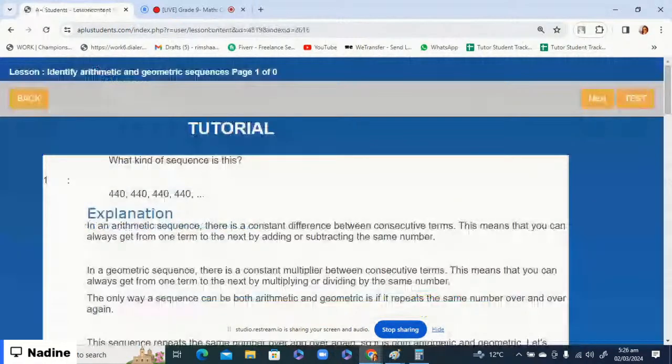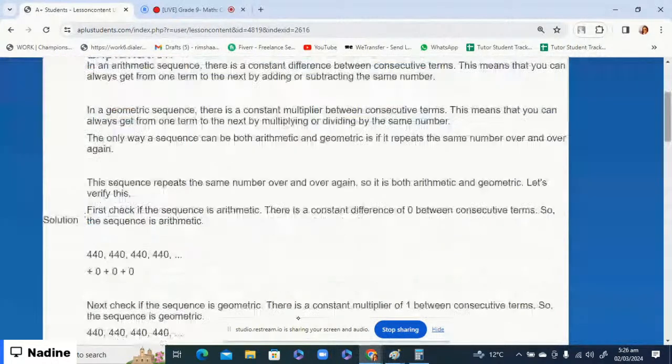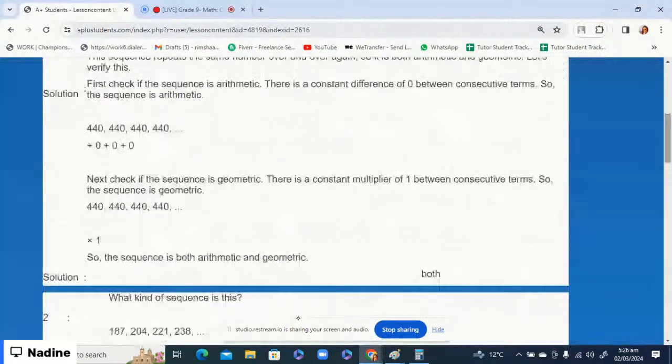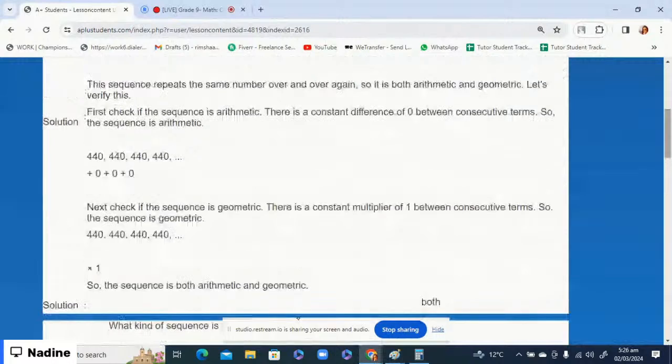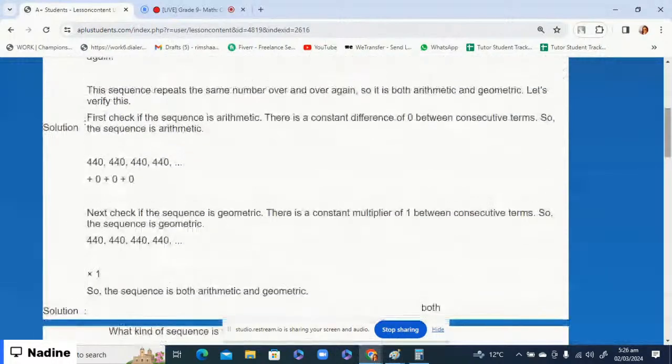So what kind of sequence is this? First of all, the sequence given is 440, 440, 440, 440. All of it is same. So what does it mean? First check if the sequence is arithmetic. How? There is a constant difference. Like how much is the difference in it.